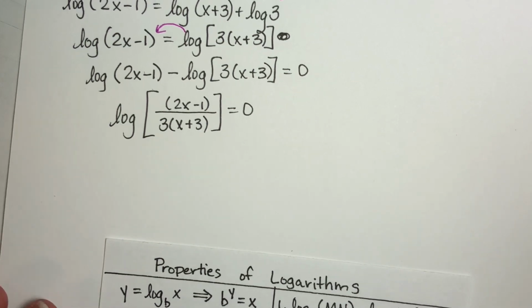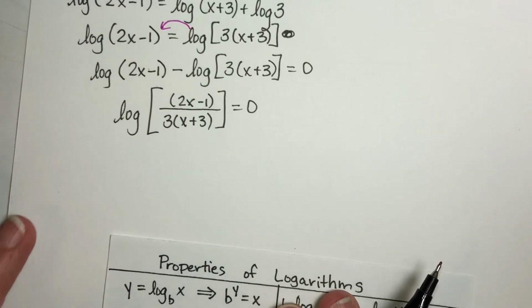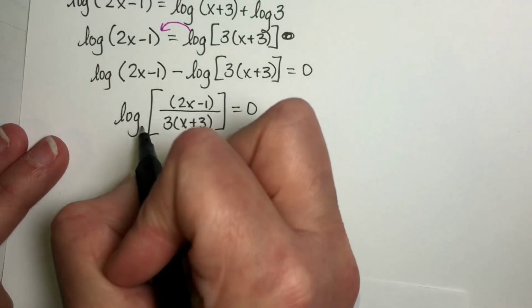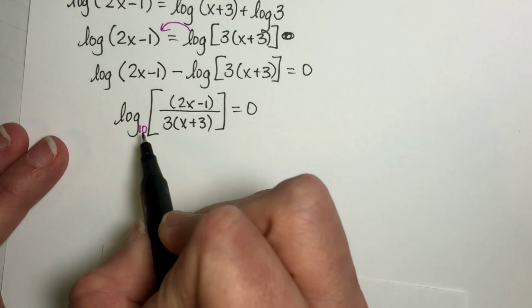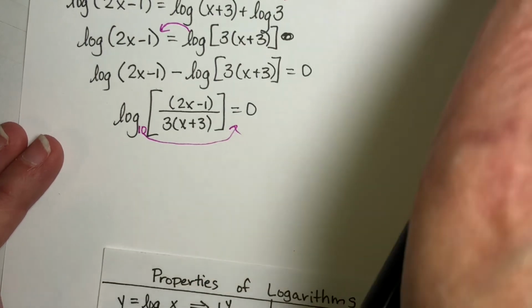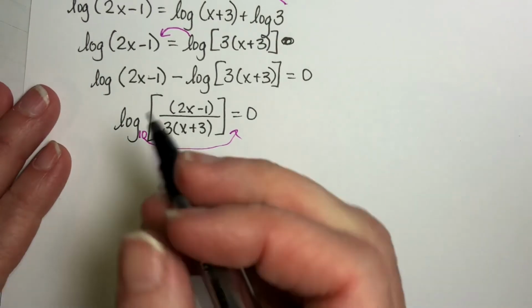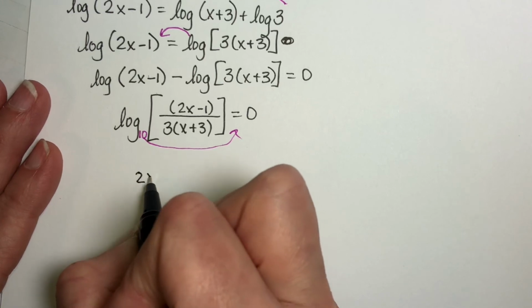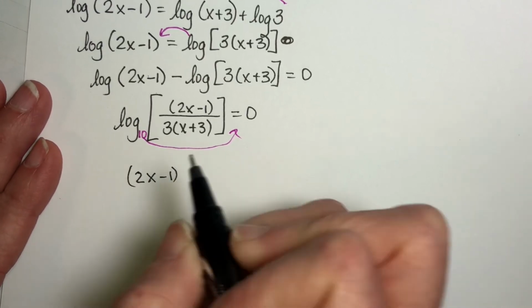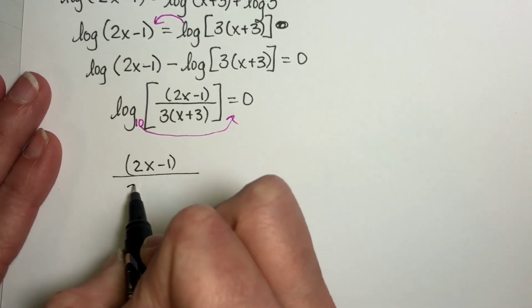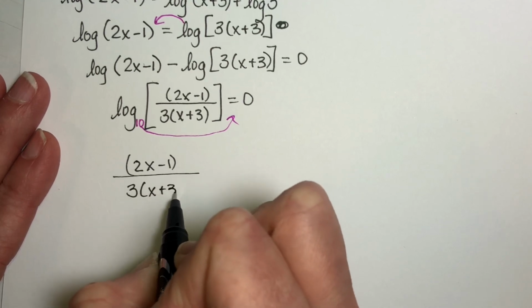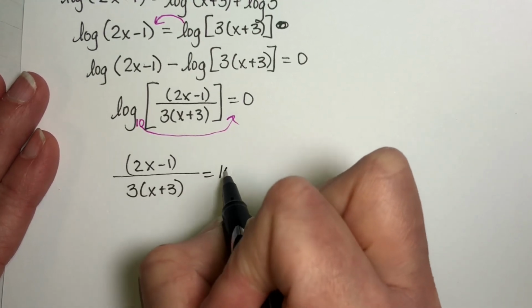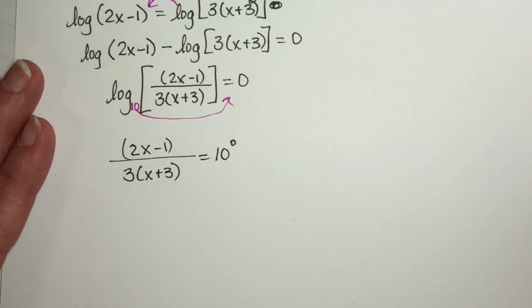Now we have a single log equal to a number, so we can switch this to exponential form. Remember, this has base of 10, so this comes over here. And what I end up with here is (2x minus 1) over 3 times (x plus 3) is equal to 10 to the 0 power.